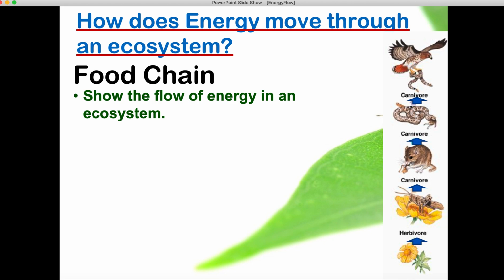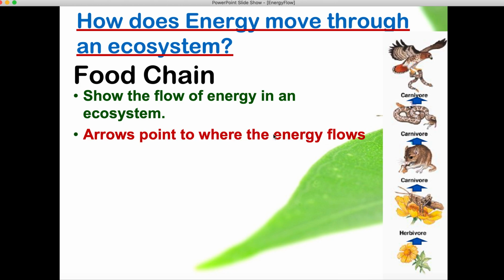Herbivores only eat plants. Carnivores eat meat. The arrows that you see here in this food chain show which way the energy actually moves. The ultimate or top of this food chain is going to be this hawk as it eats the snake.